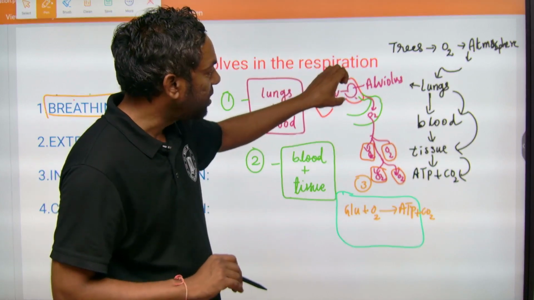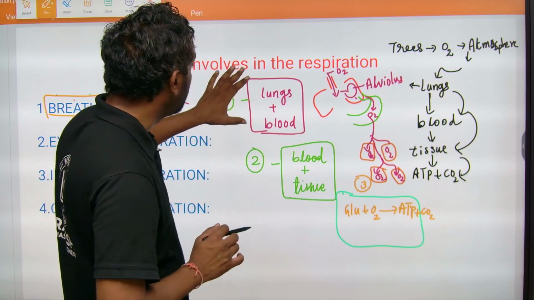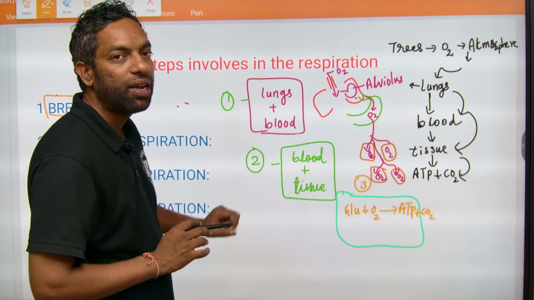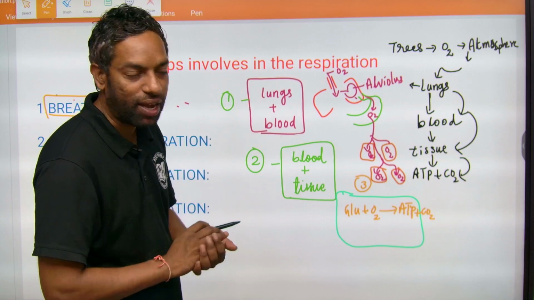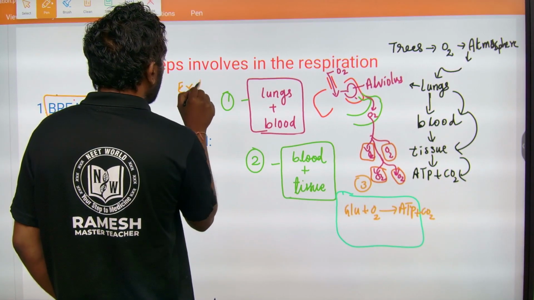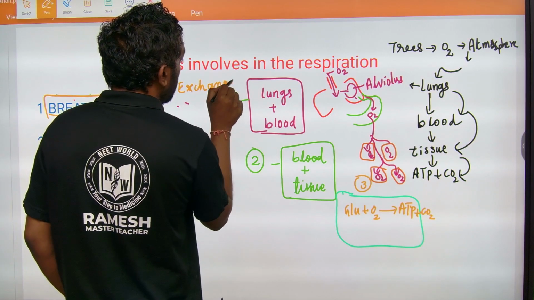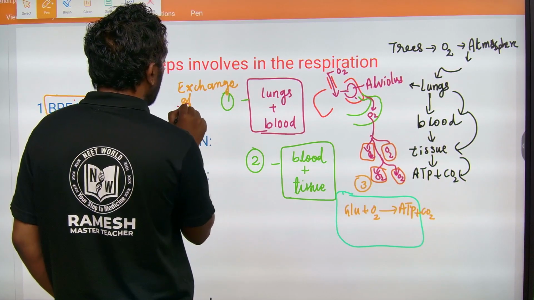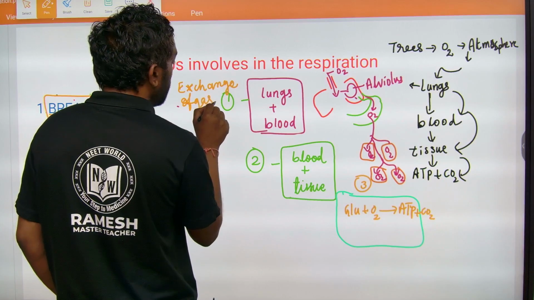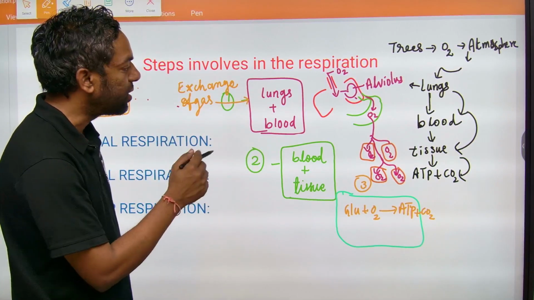After oxygen or carbon dioxide enters the lungs, there is an exchange of gas between the lungs and blood.